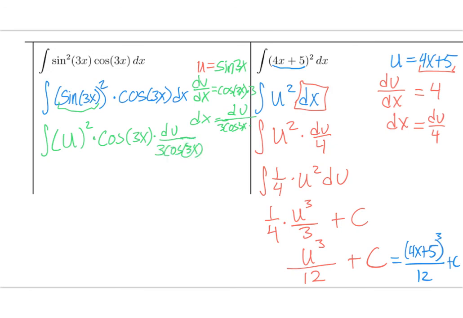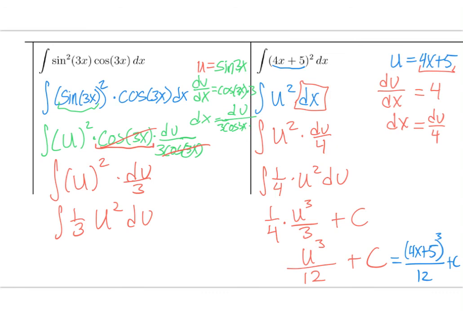What I'd like you to notice is that this other stuff here that's not the u ends up getting canceled out by the stuff that's on the bottom of the du. The really cool thing about that is that it creates a situation where suddenly we have u squared times du over 3. In other words, 1/3 u squared du, which is something that we know how to do the antiderivative of.